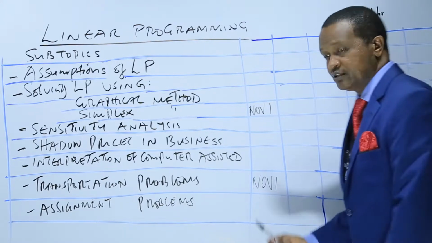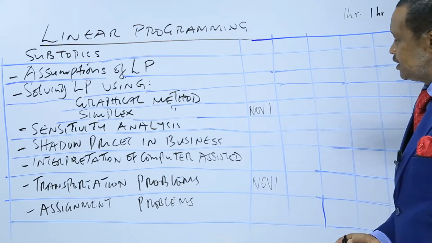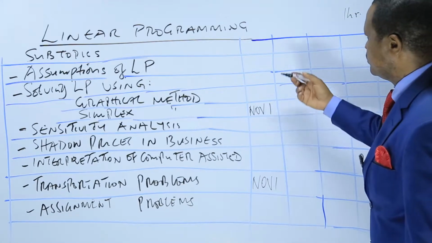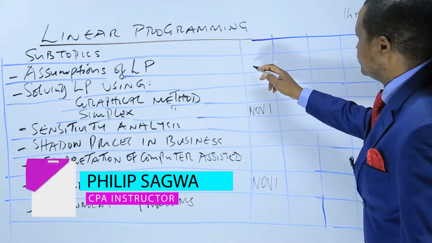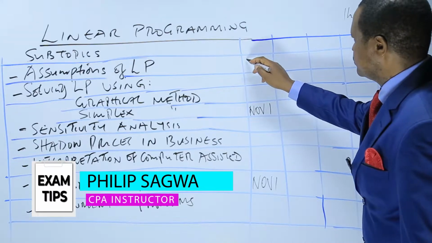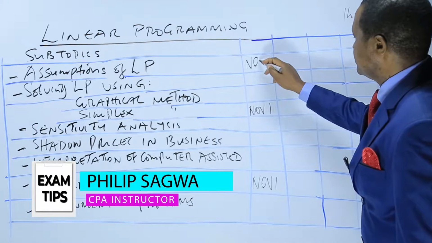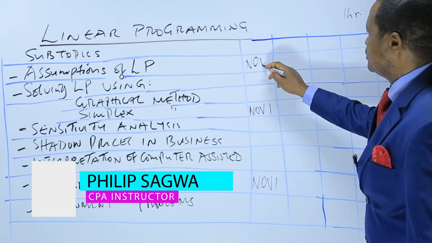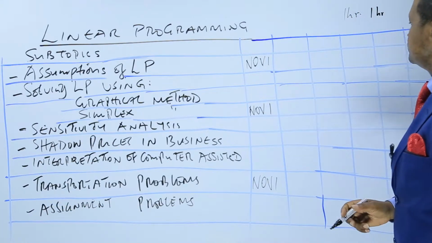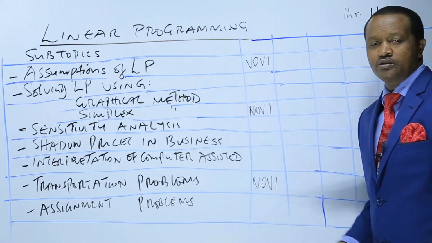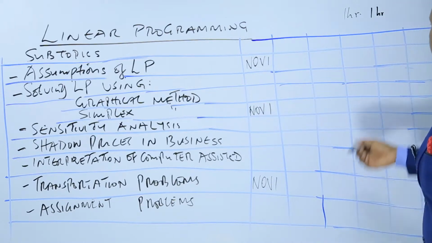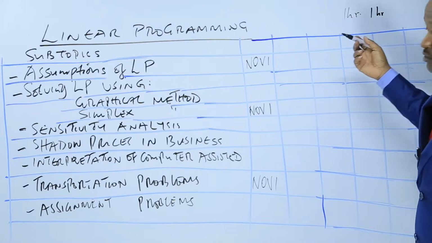Then the same day, after that, I may come here and do a question on assumptions. This is a common question, assumptions of linear programming, November 1. Assumptions, that will take around just 10 minutes or less.